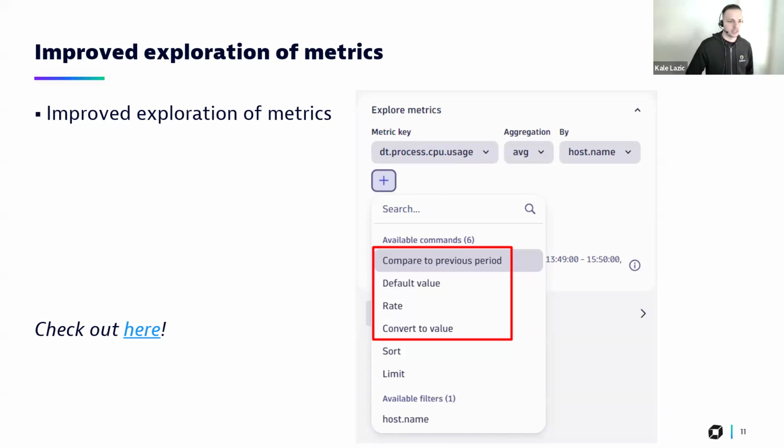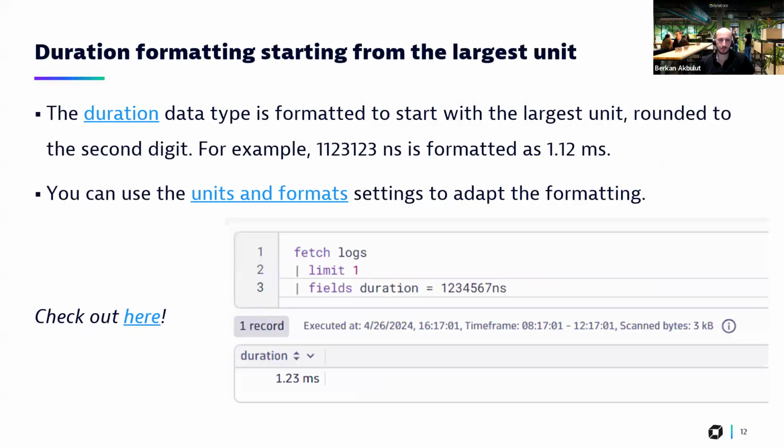And also other aspects like default value, if there are missing values, to decide what the default value should be, the rate, and the convert to value function. Okay, sounds good. So basically, we are making those commands and filters easily reachable, those options, as far as I see.